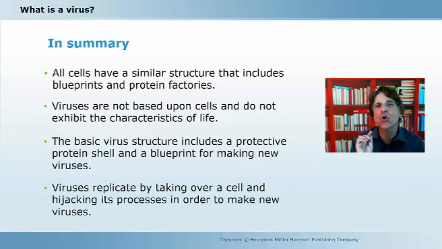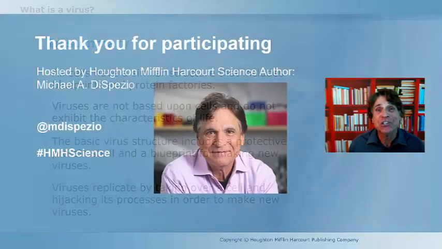And viruses replicate by taking over a cell and hijacking those protein factories, so that no longer are they producing protein according to the cell blueprints, but now the virus blueprints have hijacked that mechanism and are causing these cell organelles to make new virus particles. And there you have it for a lesson that introduces you to viruses.